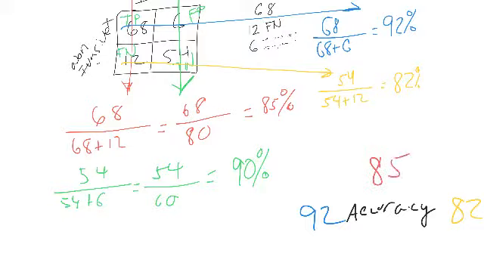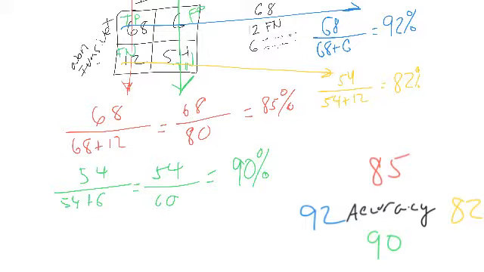And our specificity is 90. What is the range for the accuracy? It has to be between 85 and 90%, because that's the only way it's going to fit into that little table.